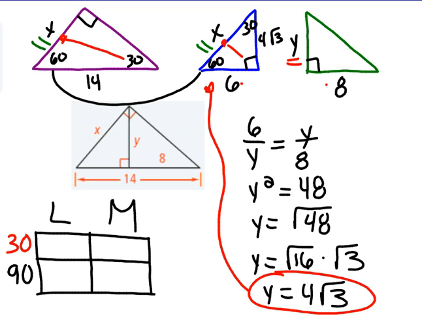So now I can fill in the chart. So in the large triangle, I'll have x and 14. In my middle-sized triangle, I'll have 6 and x.